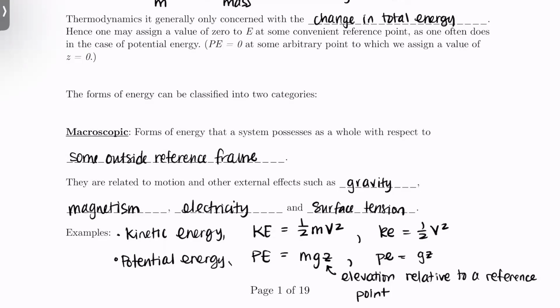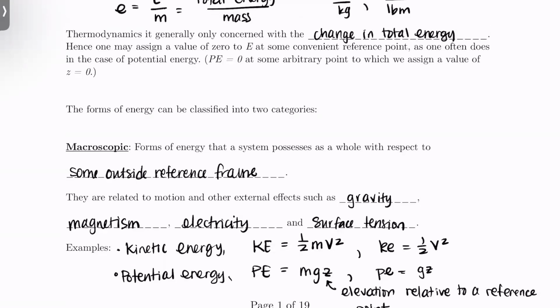These are both macroscopic types of energy because they depend on an external reference frame. The velocity is our reference to an external frame, and then obviously gravity for the case of potential energy.